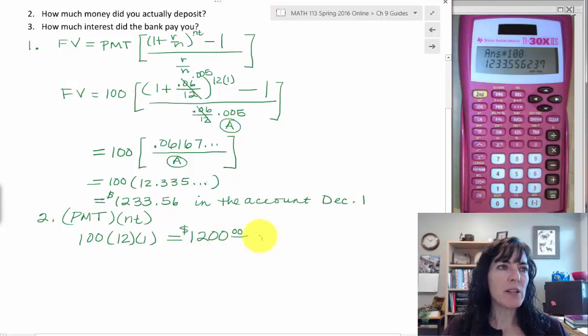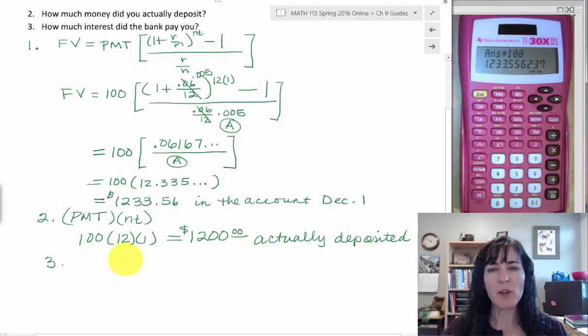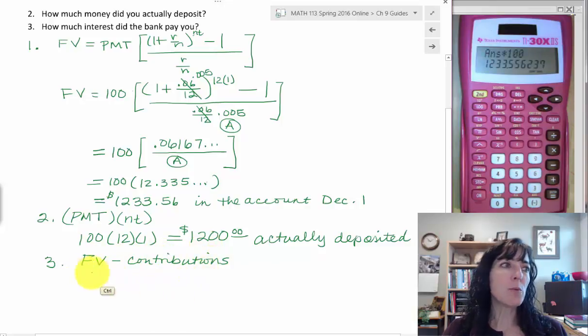So that's what we actually deposited. And then number 3, how much interest did the bank pay you? Well, if we know how much money we have at the end of the investment period, and we know how much money we actually contributed, the rest of it is money that the bank is giving us. So we will take the future value minus the contributions, and then we will get our amount of interest that we earned.